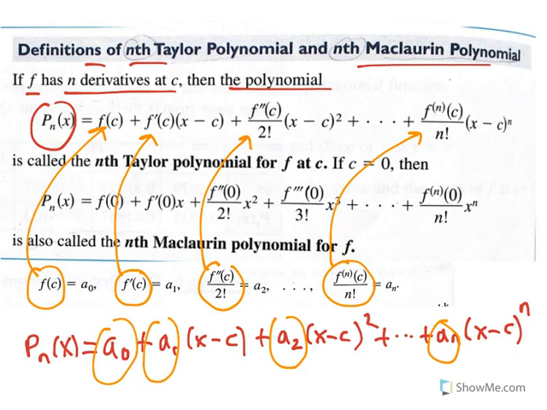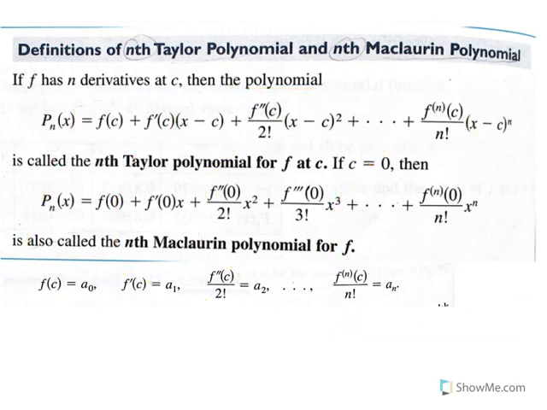And the work that we did shows that for such an nth degree polynomial function, these are the coefficients that you should have for the individual terms. And that is called an nth degree Taylor polynomial for some function f centered at x is equal to c.